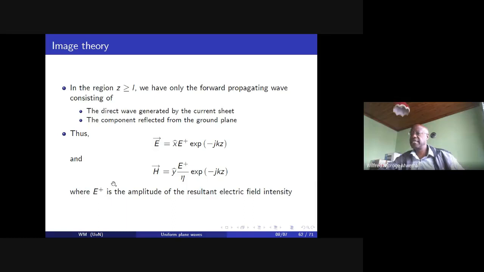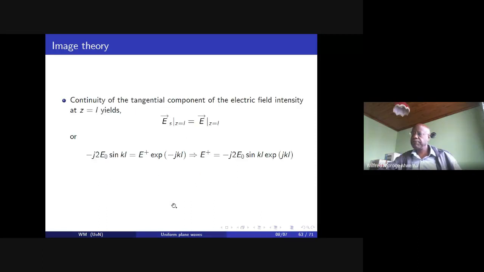And we are going to try and see how they relate to the others, the E naught that we found before.